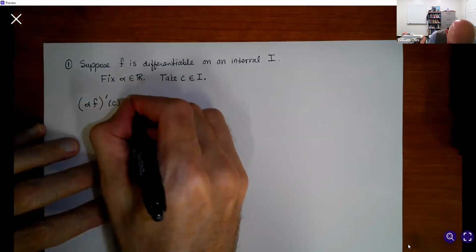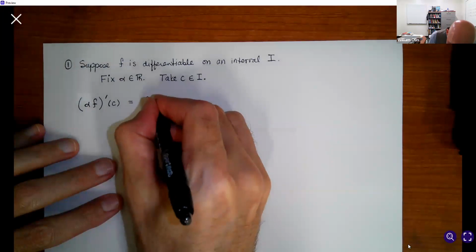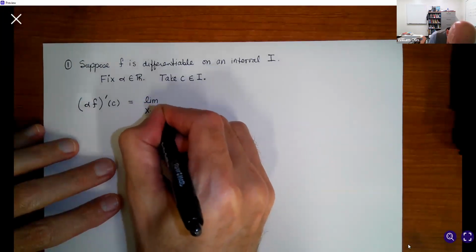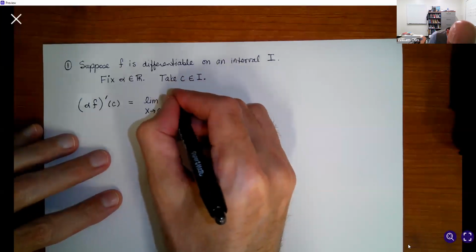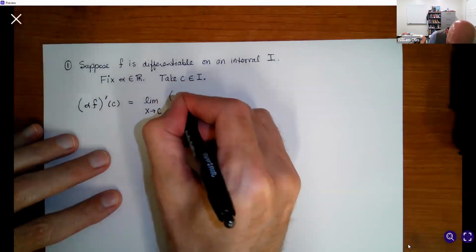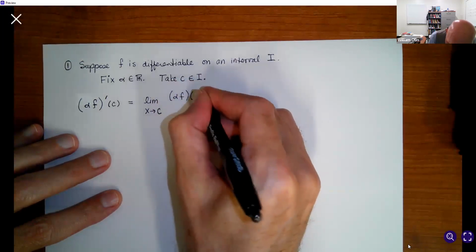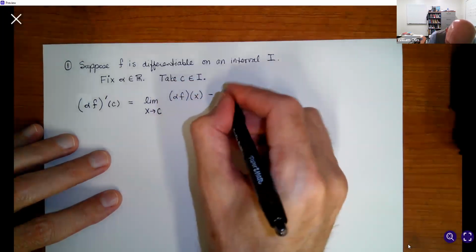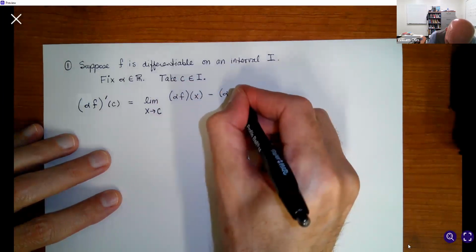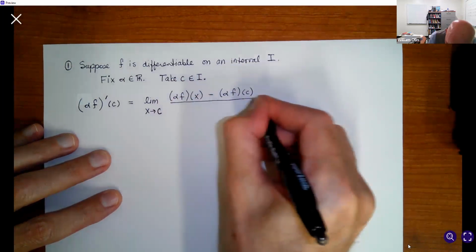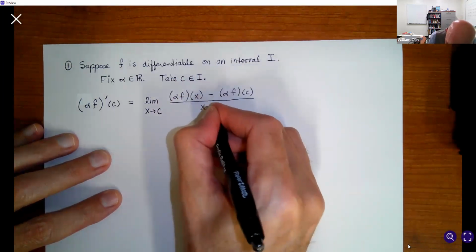So this will say, this is the limit as x approaches C of, now we have alpha f evaluated at x minus alpha f evaluated at C, divided by x minus C.